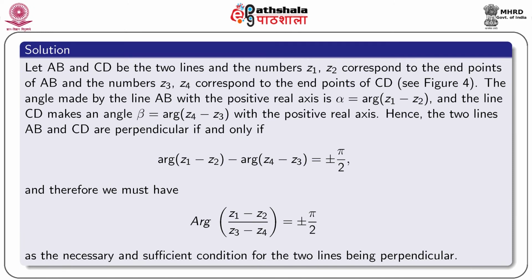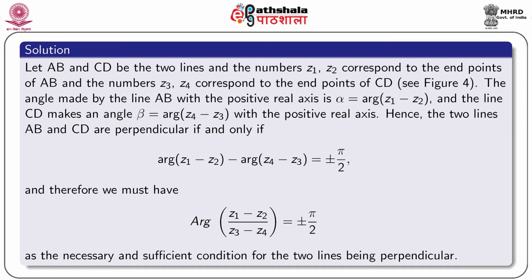Let AB and CD be the two lines, and the numbers Z1, Z2 correspond to the end points of AB and the numbers Z3, Z4 correspond to the end points of CD. For this, see the next figure.